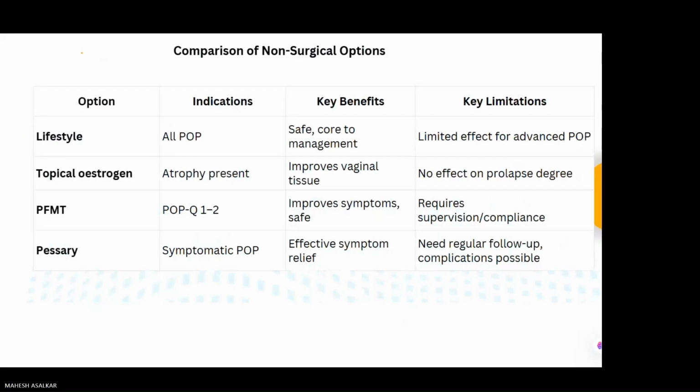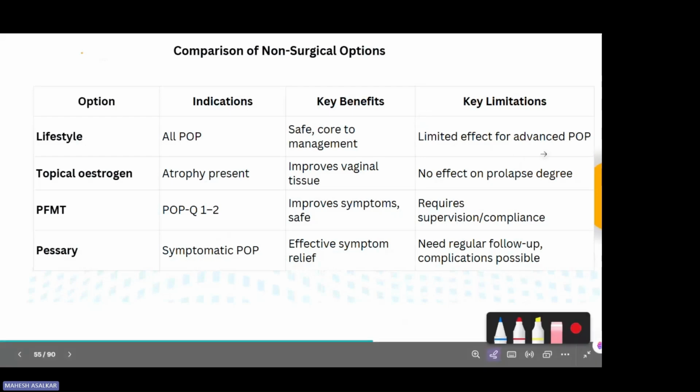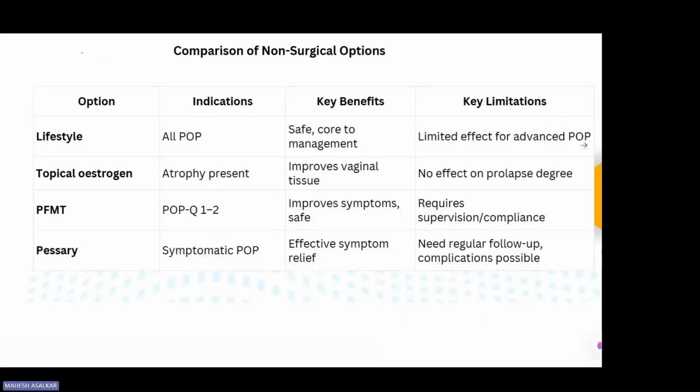Okay. Now, what are the different non-surgical options that we have seen, and we will compare these non-surgical options. One is lifestyle modification, which is required for all cases of pelvic organ prolapse. It is safe and core to management, but has limited effect for advanced pelvic organ prolapse. Then topical estrogen, especially if there is atrophy, you will go for topical estrogen. It improves the vaginal tissue, and there is no effect on the prolapse degree as such or the stage of the prolapse.